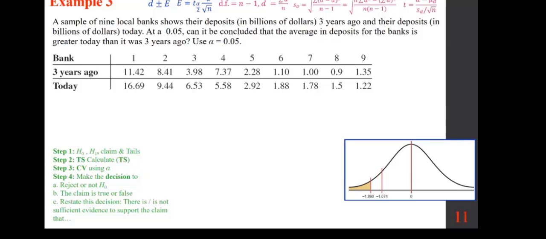A sample of 9 local banks show their deposits in billions of dollars 3 years ago and their deposits in billions of dollars today. At alpha 0.05, can it be concluded that the average in deposits for the banks is greater today than it was 3 years ago? Use alpha equal to 0.05. We basically need to calculate the difference and then calculate d bar and s sub d.